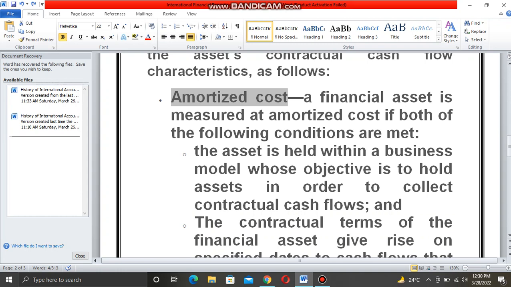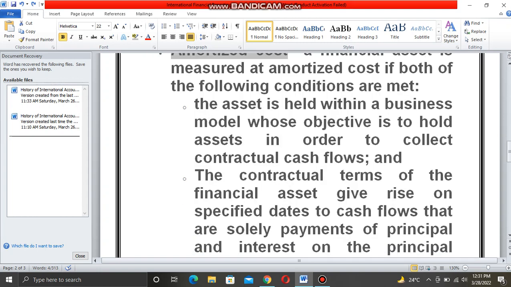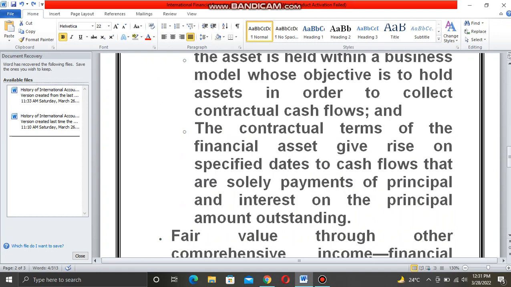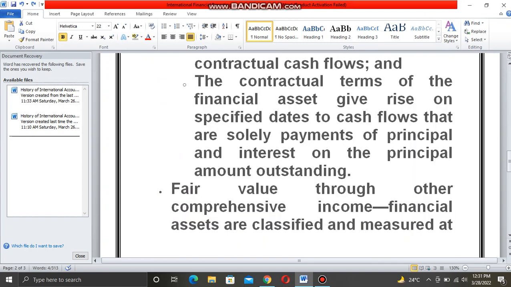In simple words, the business is using the asset for the creation of money, to collect contractual cash flows. So this is the ownership of the business. Second, the contractual terms of the financial asset give rise on specified dates to cash flows that are solely payments of principal and interest on the principal amount outstanding.